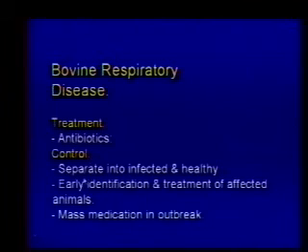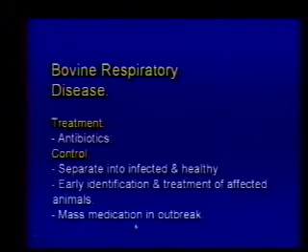So obviously, if animals begin to show signs of a respiratory component, we want to separate these animals from the herd so that they don't contaminate the healthy cattle. Early identification and treatment of affected animals, I think, is critical. The earlier we can identify this disease and treat the animal, the higher the recovery rate.